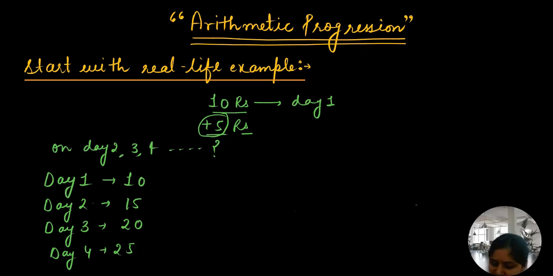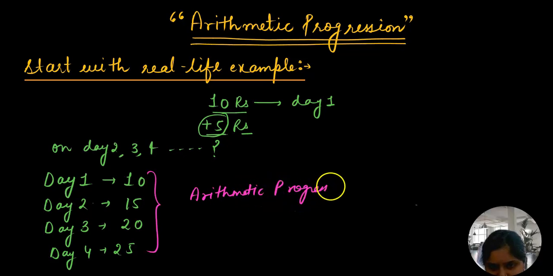So you can see this pattern: 10, 15, 20 and 25. This pattern is called arithmetic progression. Why is it called arithmetic progression?